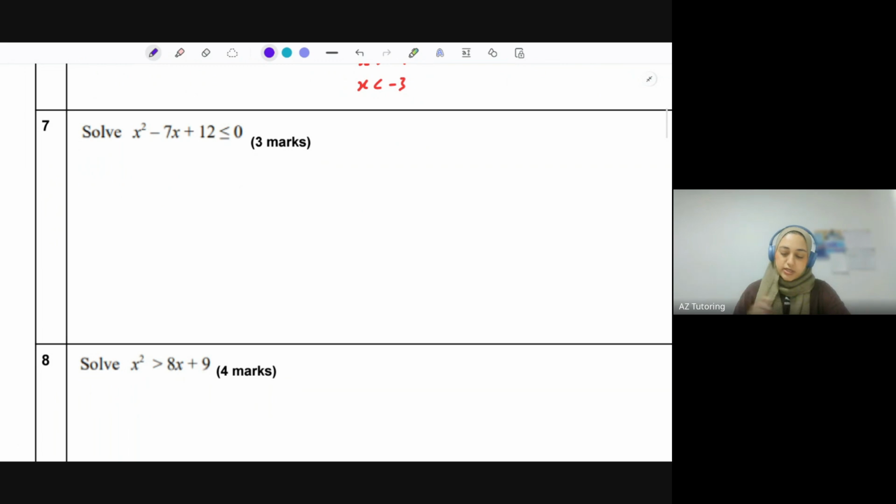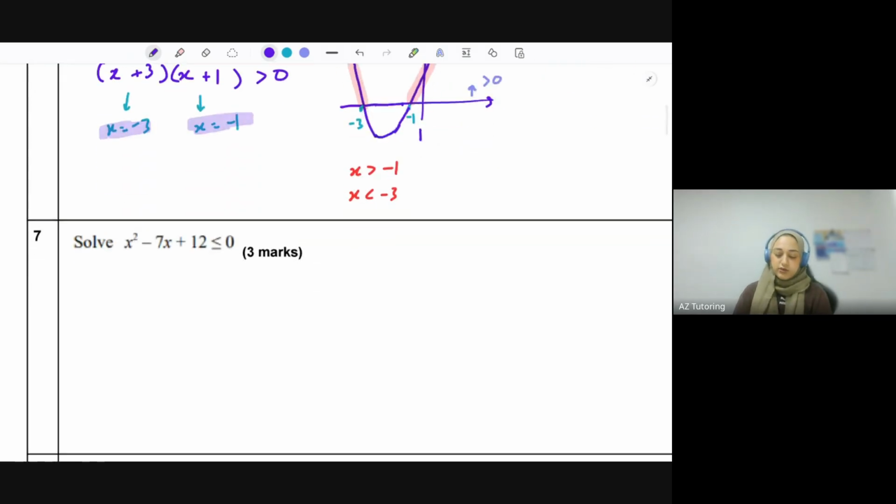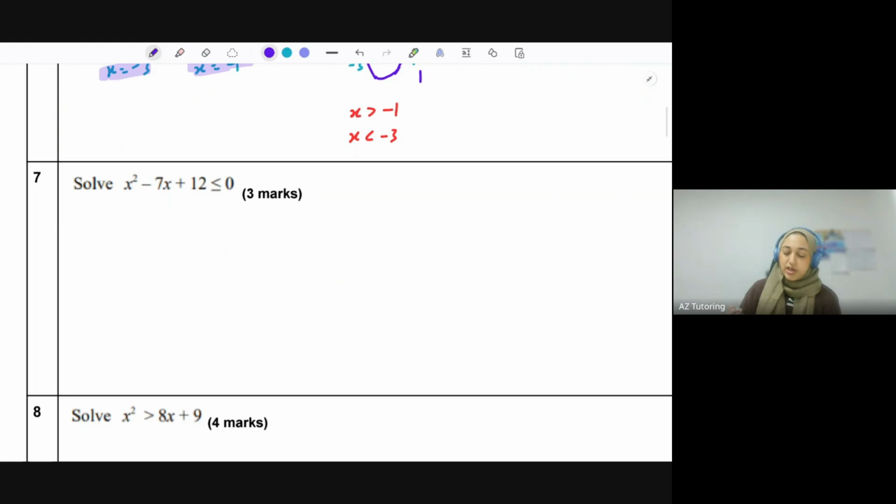Okay, let's solve this inequality here. Notice the only difference is there's an equal sign there, and it's less than 0. So we need to sketch the graph, and to sketch the graph we need to solve it. I'll do the bracket method again. Two numbers that multiply to give me 12 but add to give me -7.